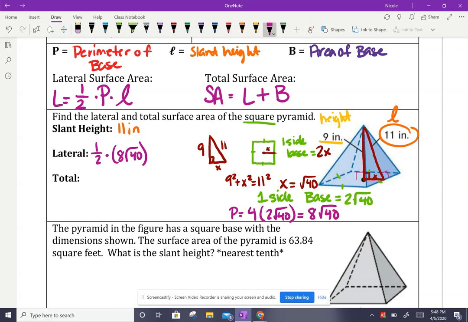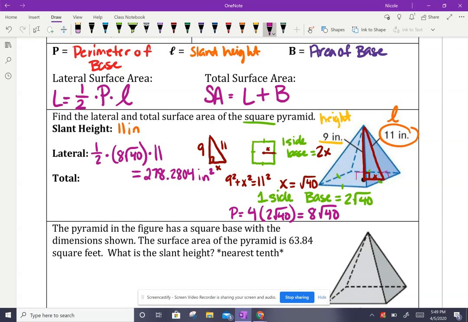Or if you're using the decimal, take all of the decimals with you. And then times the slant height, so times 11. So when I put that all into the calculator, I'm going to take 1/2 times 8 root 40, parentheses, times 11. And that's going to get me 278.2804, yada, yada, yada, inches squared.